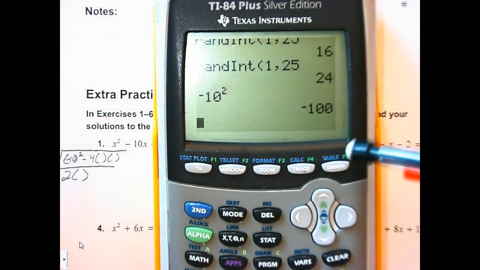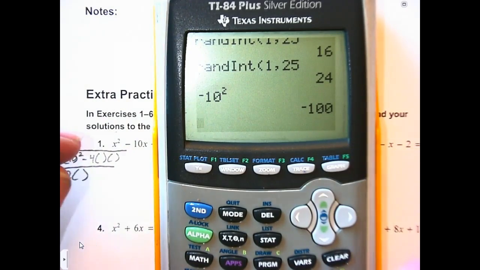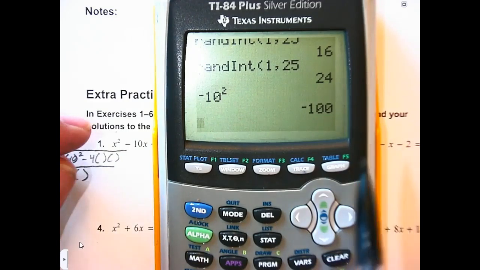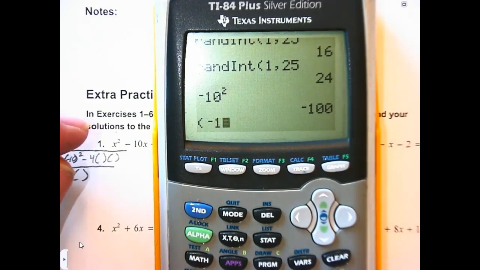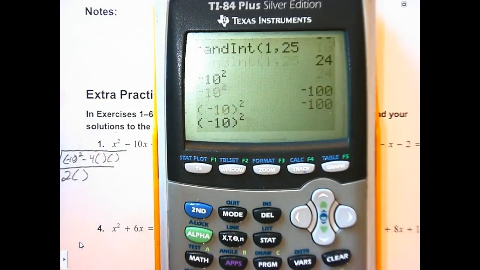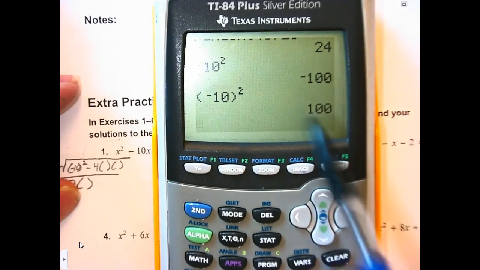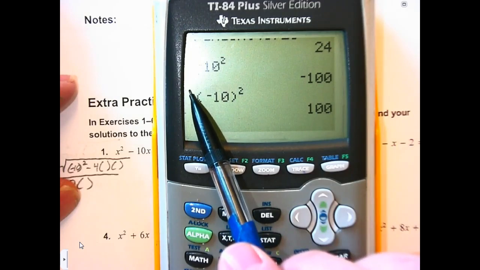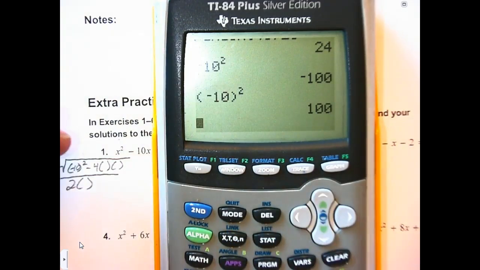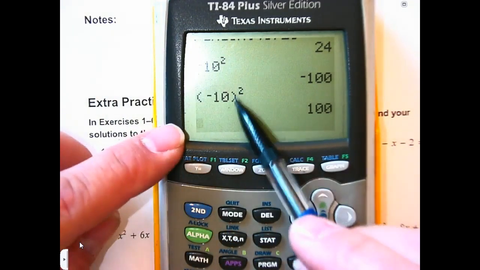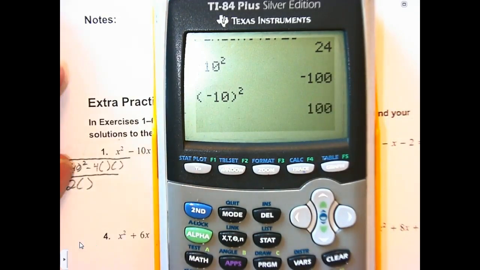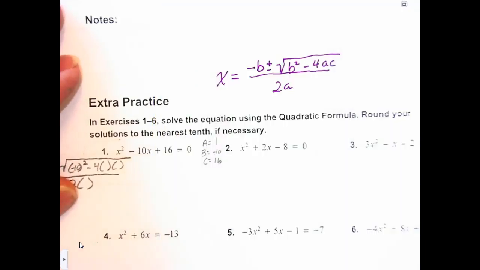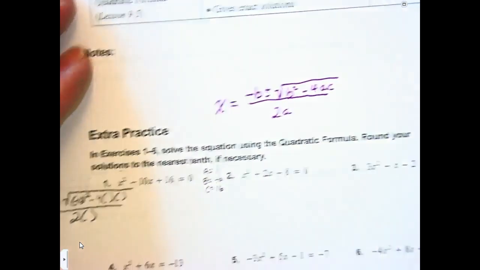Negative 10 squared is actually negative 100. In fact, all my math teachers my whole life have lied to me. Okay? And it's not true. You've got to put parentheses. Right? It's 100. Your calculator reads this as 10 squared times negative 1. You have a programming error. So you're like, my calculator said it's this. No, you programmed it wrong. Whose fault is that? Yours. Yeah, you did. Okay? So that's why I like the parentheses.